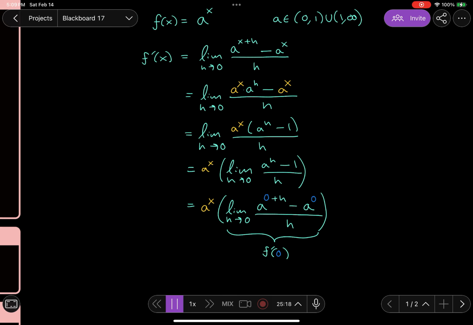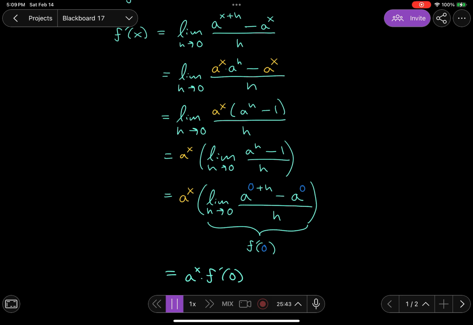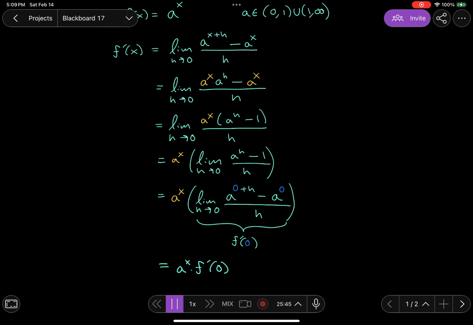Okay. So, to emphasize, what I have is that the derivative of this function right here, a to the x, is equal to, well, a to the x again, times the derivative at 0. So let me write that down. And then we ask ourselves, and this is where e comes into play, the definition of e.